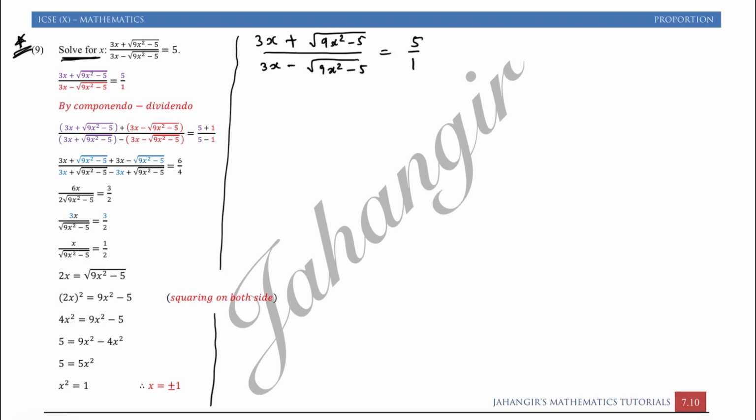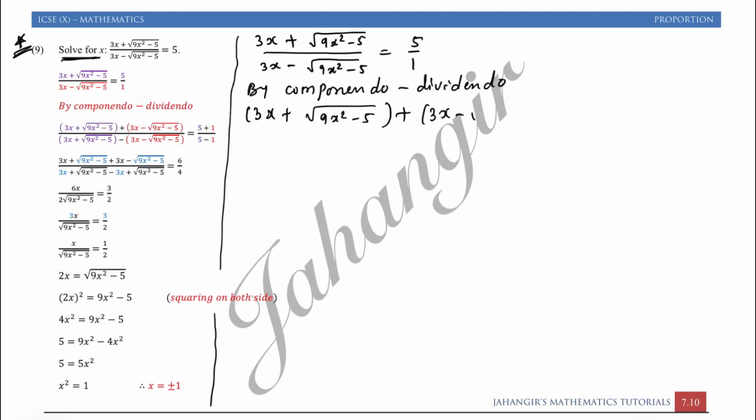We can apply properties of proportion when we have both left hand side and right hand side. See, on both sides we have a fraction in which we have numerator and denominator. So let's write by componendo dividendo. Numerator is 3x plus root of 9x square minus 5, this is numerator, plus denominator.